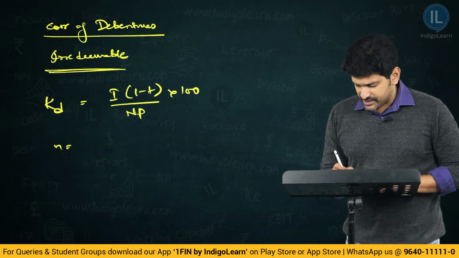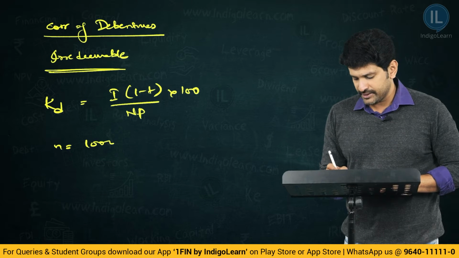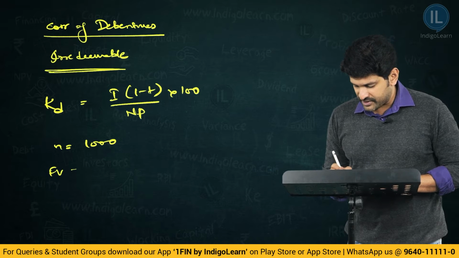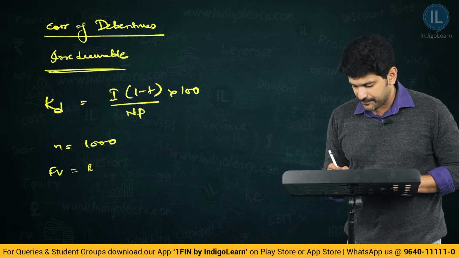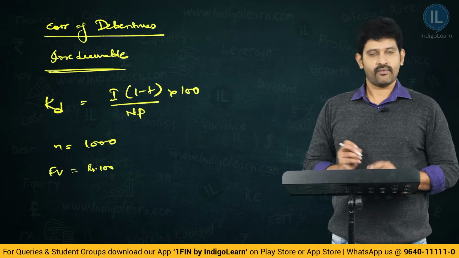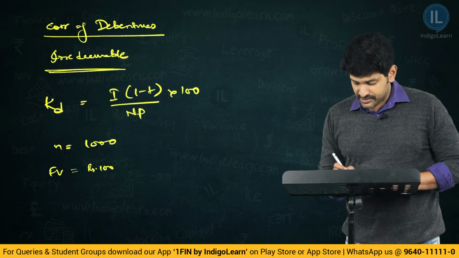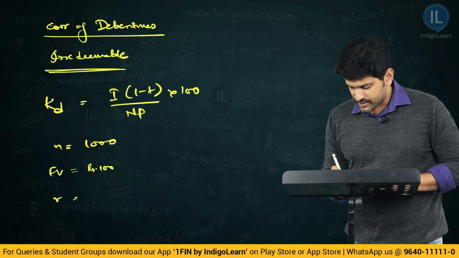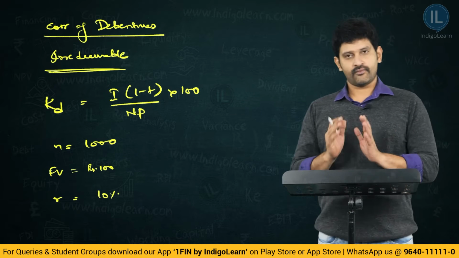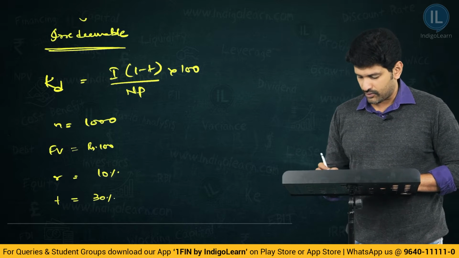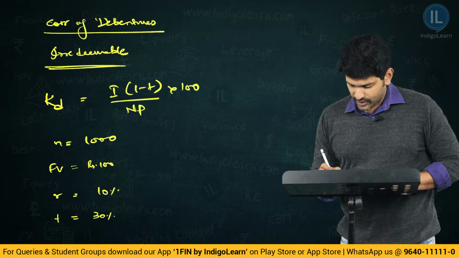Say a company has raised 1000 debentures, with the face value of each debenture being rupees 100. The rate of interest is say 10%, and the tax rate is say 30%. Now, how do we write the cost of debentures here?